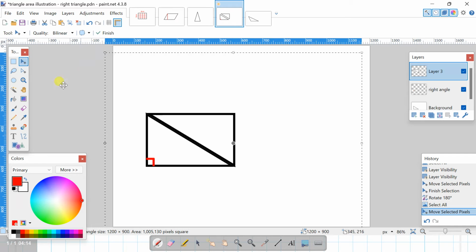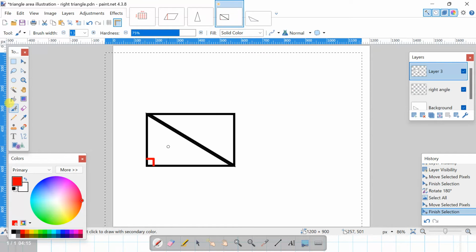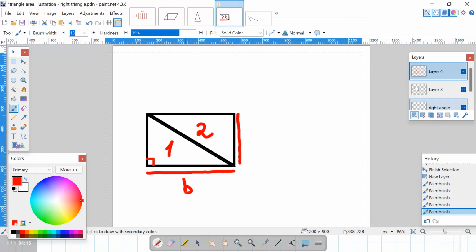We get a rectangle. And this rectangle is combined from two identical triangles. So this is the first triangle and this is the second triangle, and we know that the formula to calculate the area of the rectangle is the base times the height.